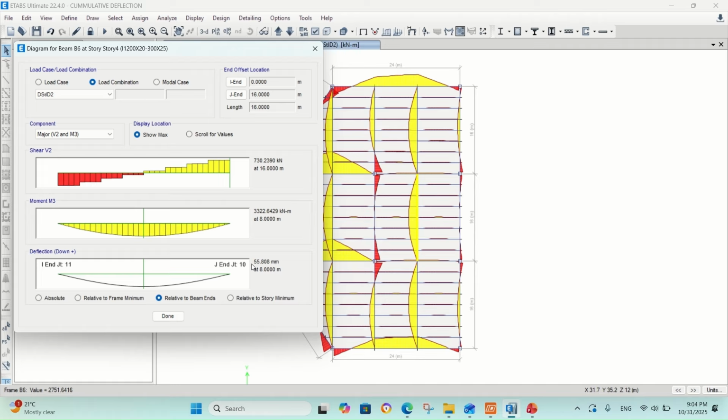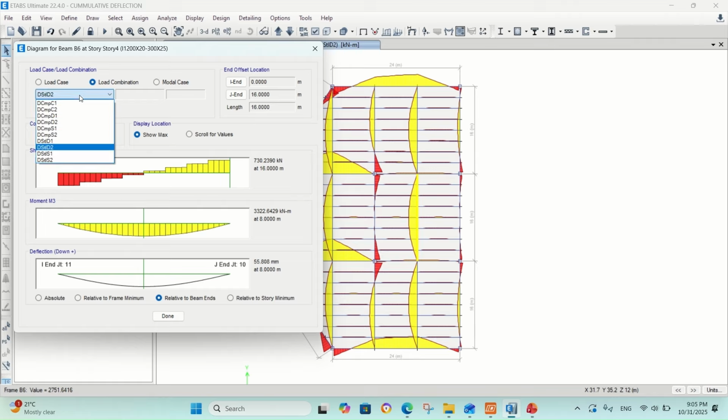So 16 meter over 240, we have around 66.7 millimeter. This is the limit. So my member's deflection is less than the allowable, so it's okay.